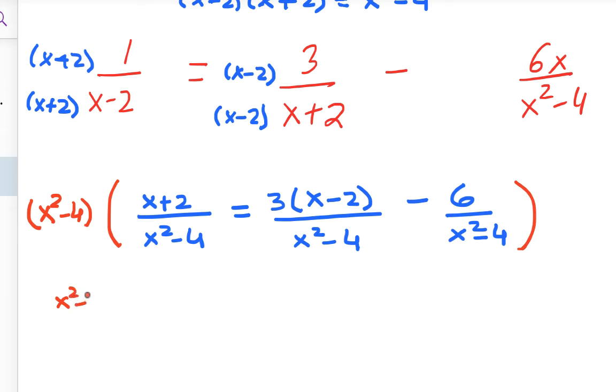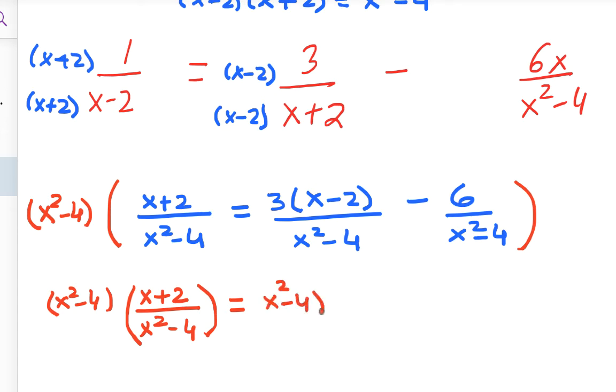We have x² − 4 times (x + 2)/(x² − 4). Remember, this is on the left hand side, and I'm keeping my parentheses handy. Now once again we multiply by x² − 4 the whole big expression, 3(x − 2).